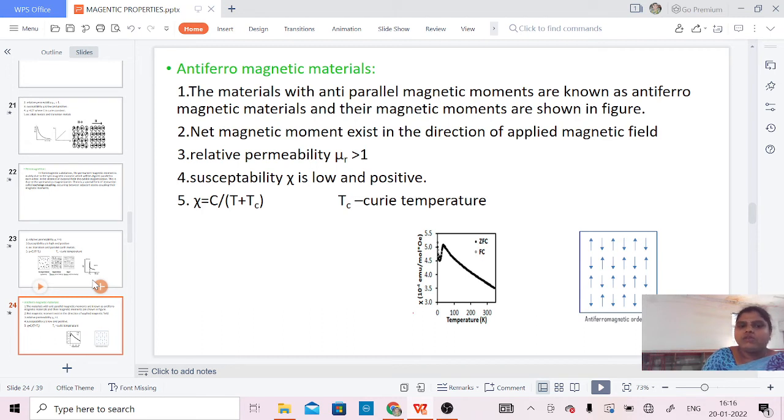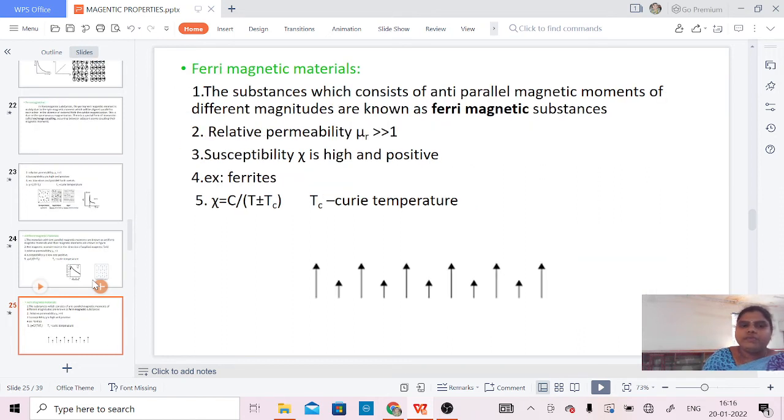For this, the basic definitions in dielectrics and magnetic materials are very important. Whenever we remember all those conditions, permittivity, permeability, susceptibility, then only can we understand this concept very easily. And next, ferrimagnetic materials. Can you observe the difference between anti-ferromagnetic materials and ferrimagnetic materials?